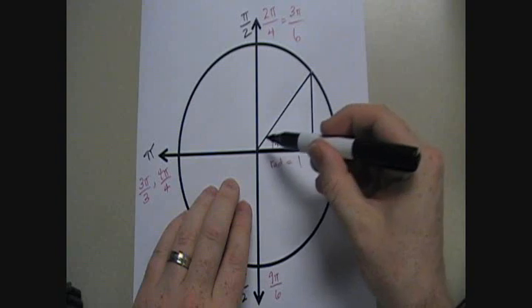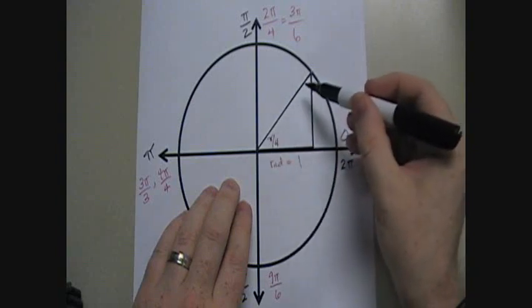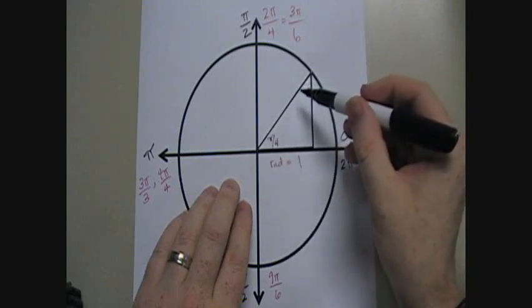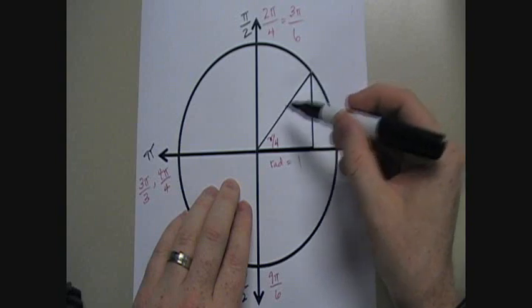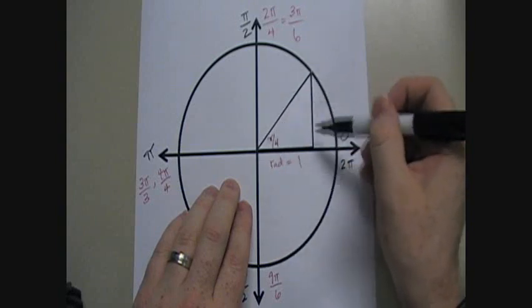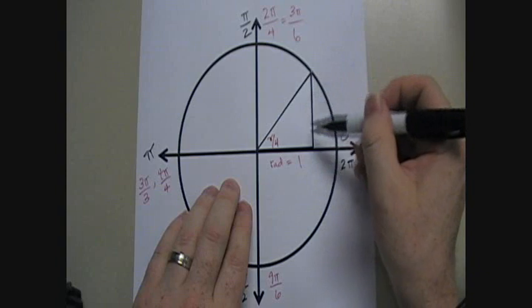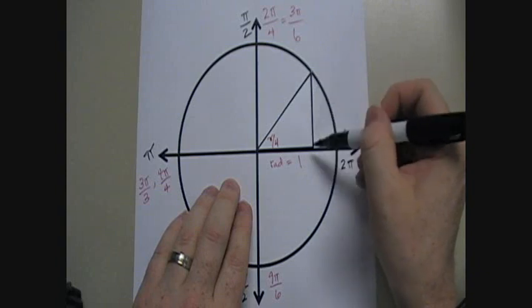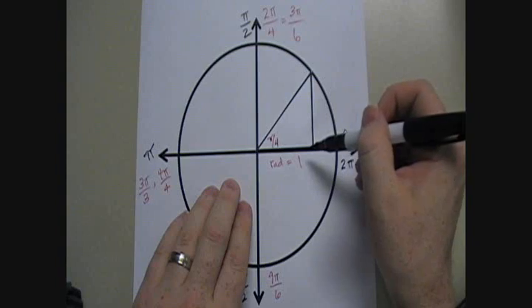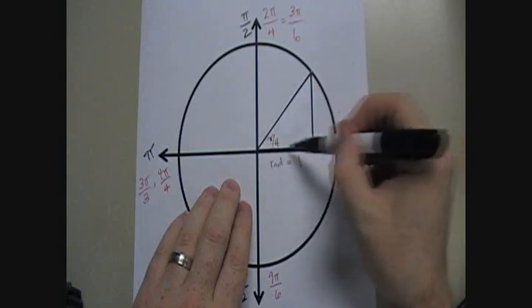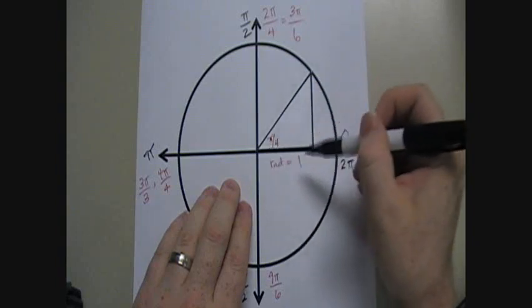Now remember that the hypotenuse was always 1. Well, since sine is opposite over hypotenuse, and the hypotenuse is 1, the sine is just going to be the opposite, whatever this side was. And this side we found to be square root of 2 over 2. Cosine is adjacent over hypotenuse, adjacent over 1, it's just square root of 2 over 2.